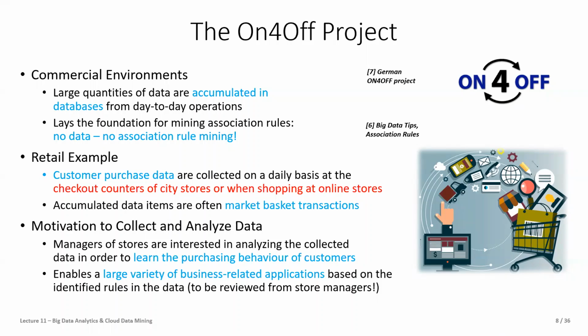And to do that, we apply association rule mining for mostly three purposes. The main one is to find associations in products, but also to find how these associations differ from one store to another, from one city to another, and in the end, to make them personalized, so that every customer, when they log into the website or walk into the store and present their customer ID, would also get personalized recommendations.